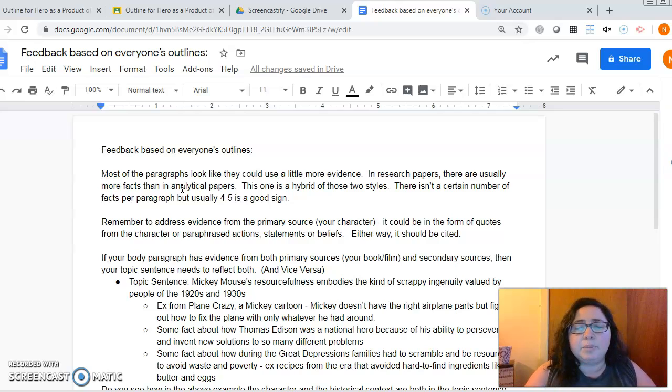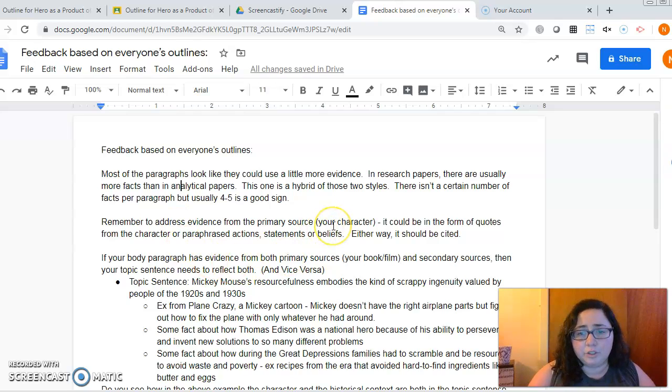Next, please make sure to include and address both evidence from your secondary sources about the time period and your primary source. So some of you guys forgot to use information from your movie or from your book or whatever, and it does need to be specific enough so that I can see not just a general impression of the character, but how they act, what they do.